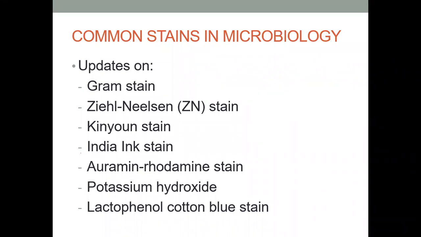When you spin the CSF, you are trying to concentrate the organism, the Cryptococcus. So you spin, take out the supernatant, and then take a drop of your sediment and apply your India ink stain, and then just cover it with a cover slip. Examine under the microscope. You are going to see what we call a halo.